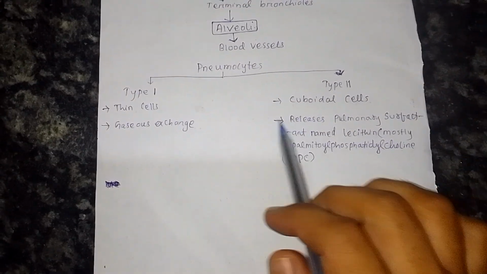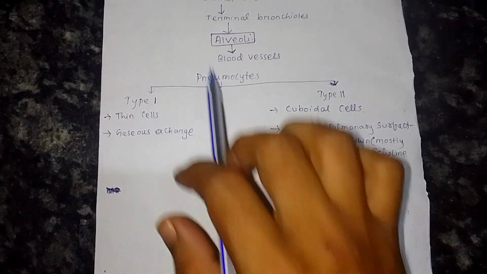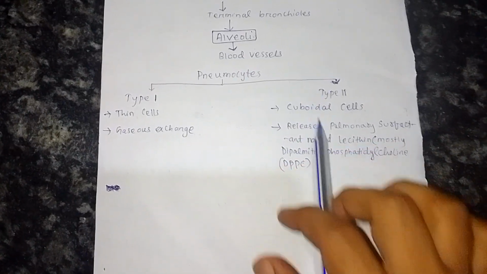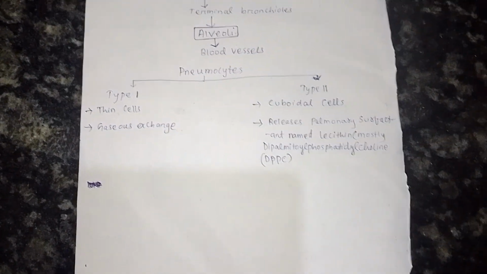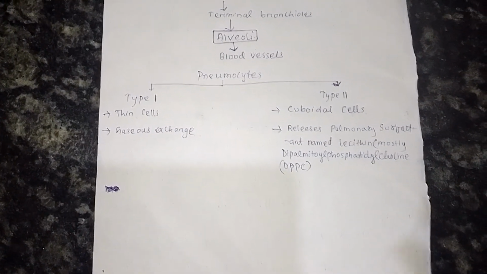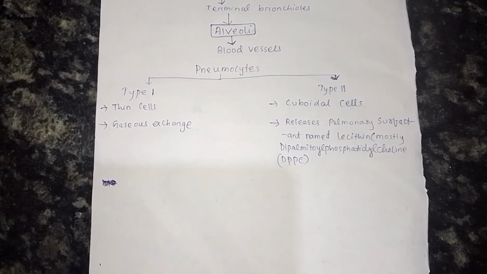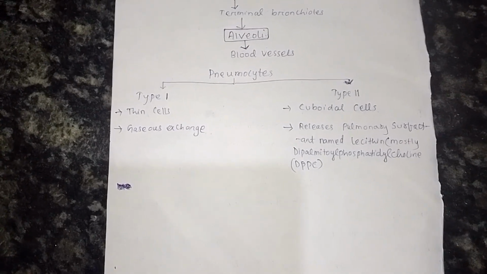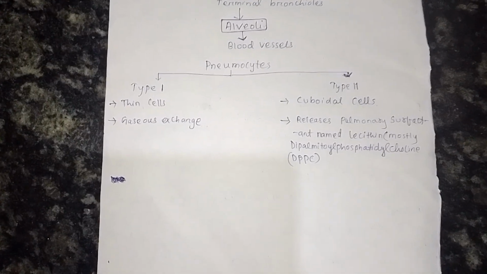These two cells are present inside the alveoli: type 1 helps in gaseous exchange, and type 2 acts as a pulmonary surfactant which reduces surface tension of the alveoli so that it does not collapse during inspiration and expiration.